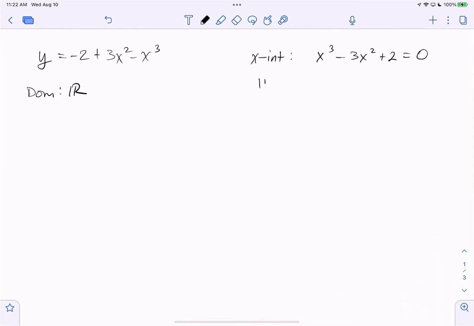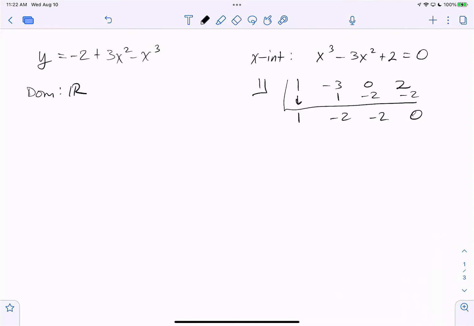My spidey sense tells me that if I divide by x minus 1 essentially, then I'm going to get something nice here. So my coefficients are 1, -3, 0, and 2. Don't forget the linear term, which you don't see here. Then I'm going to drop 1 down and multiply and add several times and end up with x minus 1 times the quantity x squared minus 2x minus 2 is equal to 0.